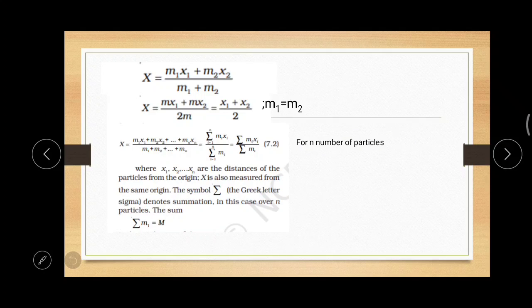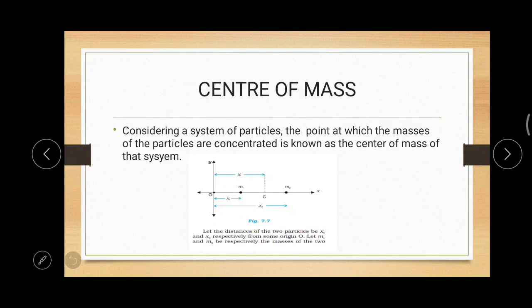So for that, x is equal to m1 into x1, that is mass of the first particle into the position of the first particle, plus mass of the second particle into the position of the second particle, divided by the total mass m1 plus m2. There are only two particles in this system, so m1 plus m2 is the total mass of the system.